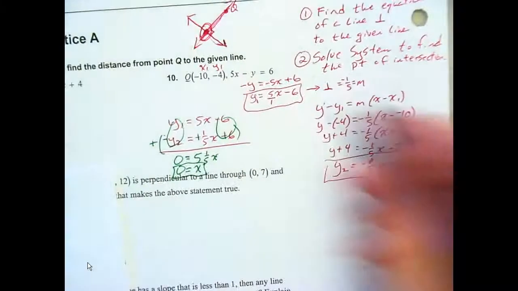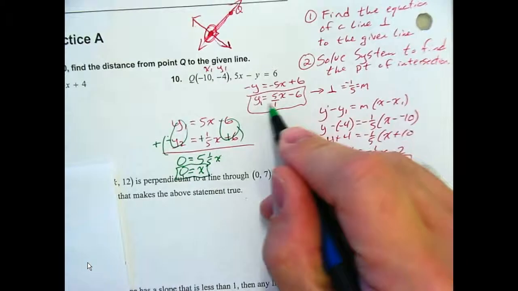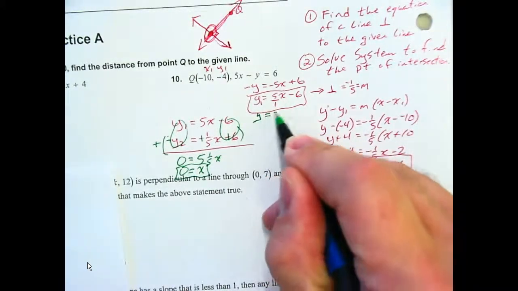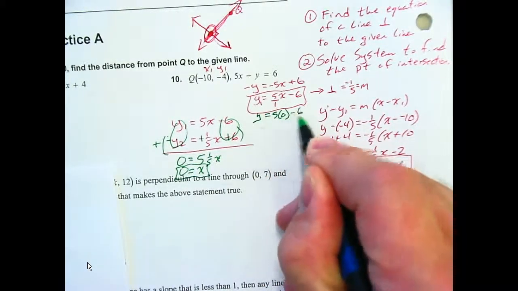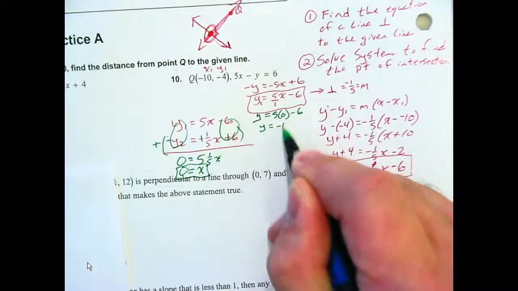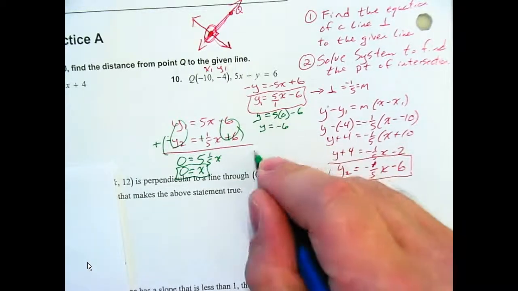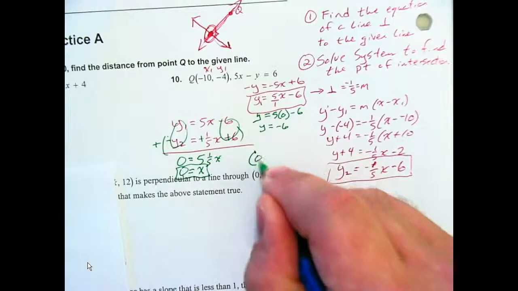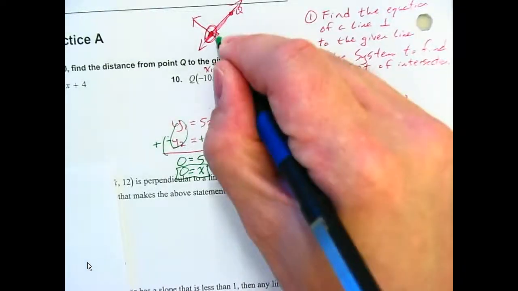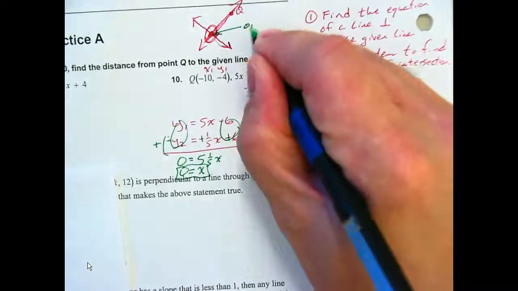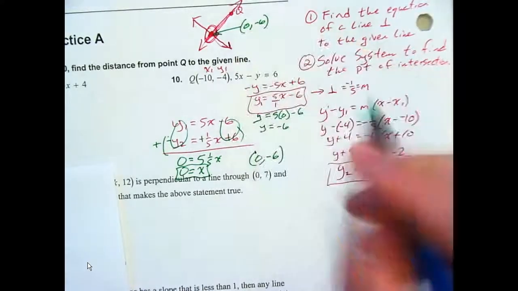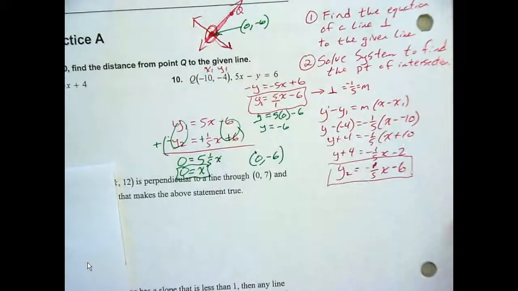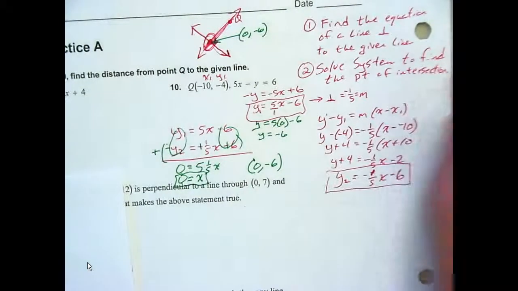Yeah, if I plug it back into either of my equations, right here, y equals 5 times 0 minus 6. So y equals negative 6. So the point of intersection is at 0, negative 6. That would be like that point right there. This probably isn't a good picture for this because that's not a negative slope, but whatever. Okay, 0, negative 6.